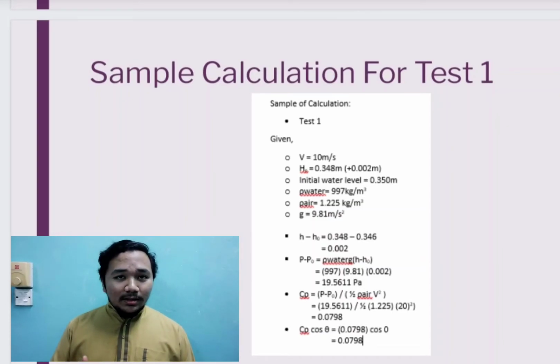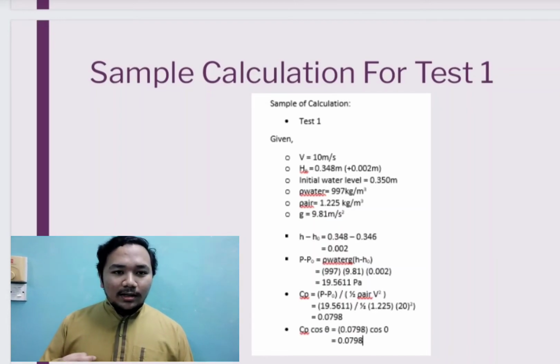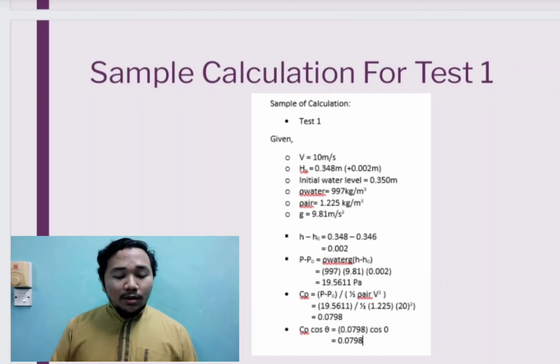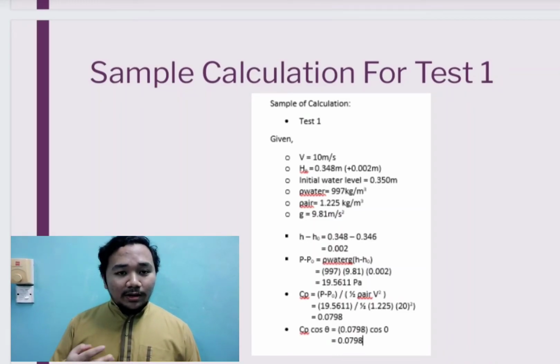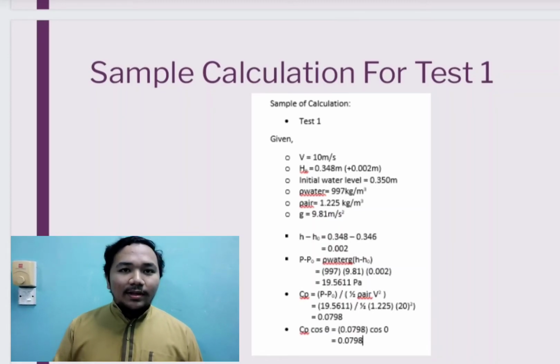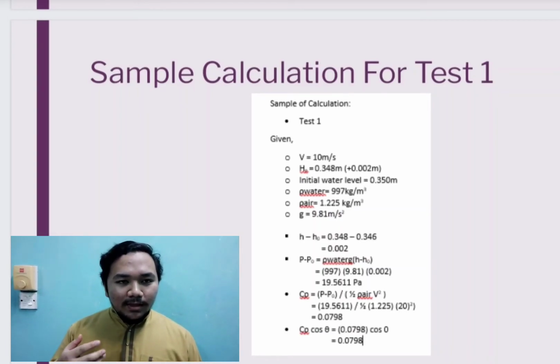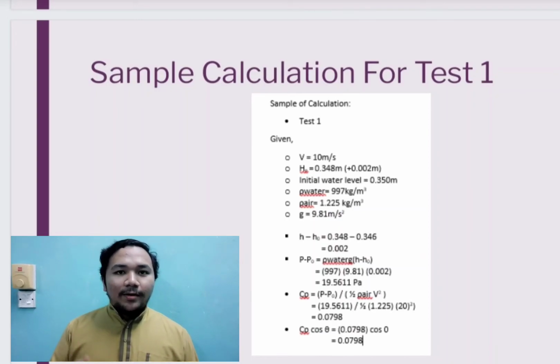The density of water given is 997 kilograms per meter cube. The density of air is 1.225 kilograms per meter cube. And lastly, gravity is 9.81 meters per second squared.